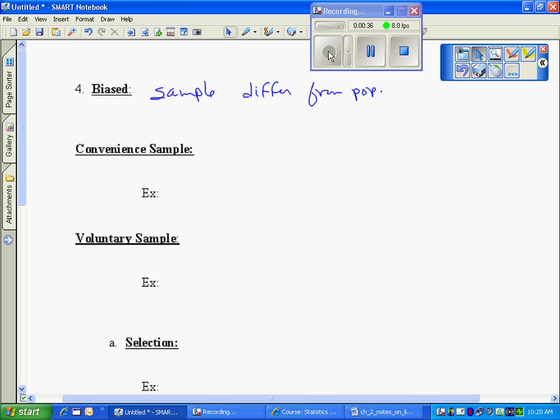So we have a couple of sampling methods that create bias. And the first is convenience. Convenience is just that. It's convenient. My subjects or my objects are readily available. Meaning that I can just take those potato chips and take them off the top of the box and measure those bags when I know that maybe the heavier ones went to the bottom.